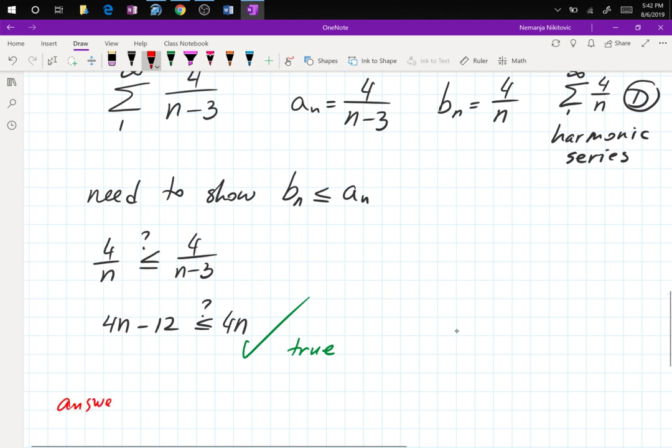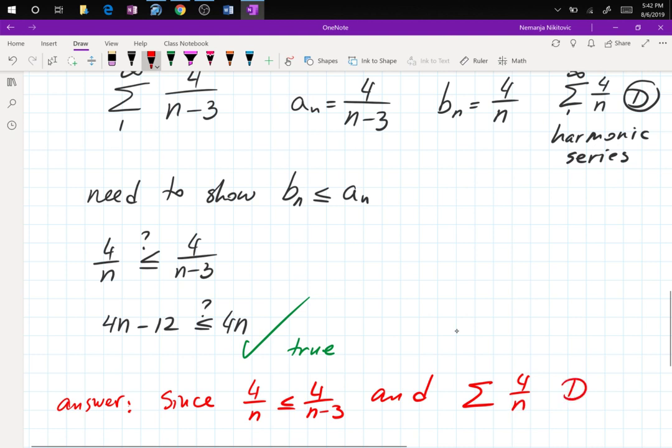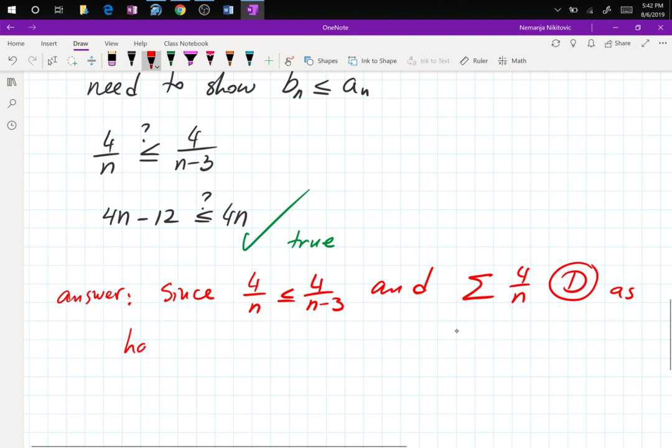So answer, since 4 over n is less or equal than 4 over n minus 3, and summation 4 over n diverges as harmonic series, guys, you don't have to say harmonic series, you can say diverges by p series, diverges by integral test, whatever.